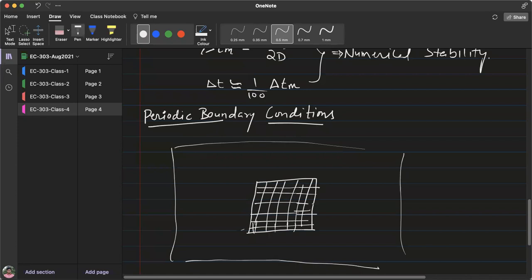Now, how will the boundary look? The idea of the periodic boundary condition is that if an individual randomly walks away from here, where will that individual go? That individual hops back from here. On the other hand, someone who goes out of the boundary area that I am simulating in this direction comes back in this direction.